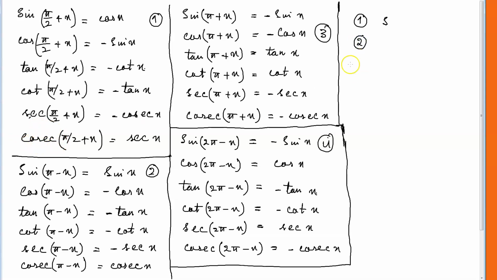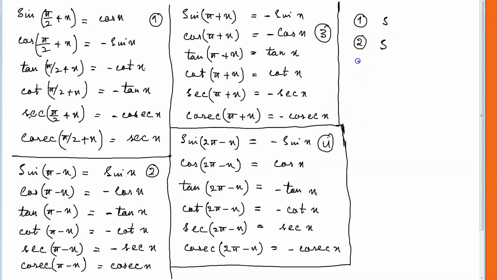In the second case, again, you have basically the same story, meaning that all of these are negative except in the case of sine and cosecant. So again, you have the sine over here.